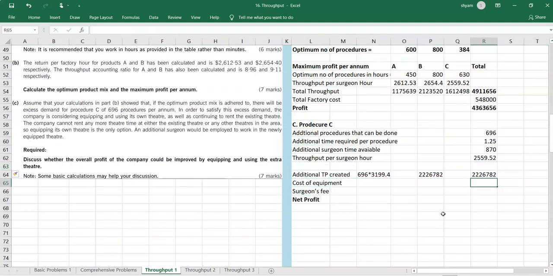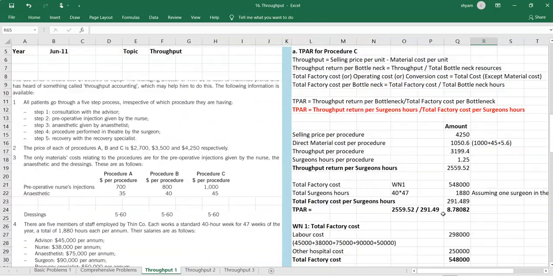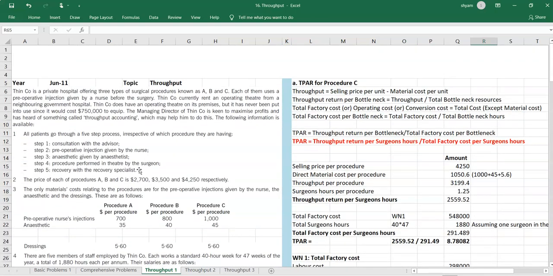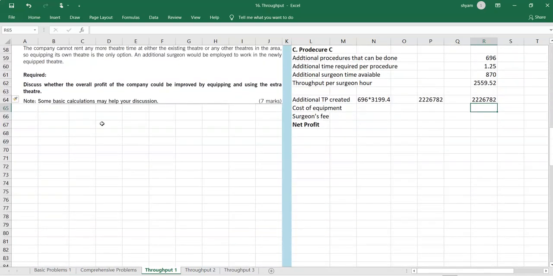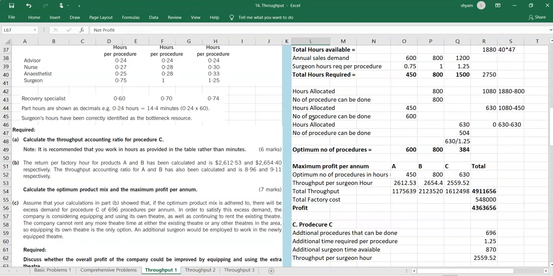So what is the cost of equipment? The cost of equipment is not given here, it is given above. We need to get the cost of equipment. It is around 7,50,000. And we need one more additional surgeon, and each surgeon is paid how much?